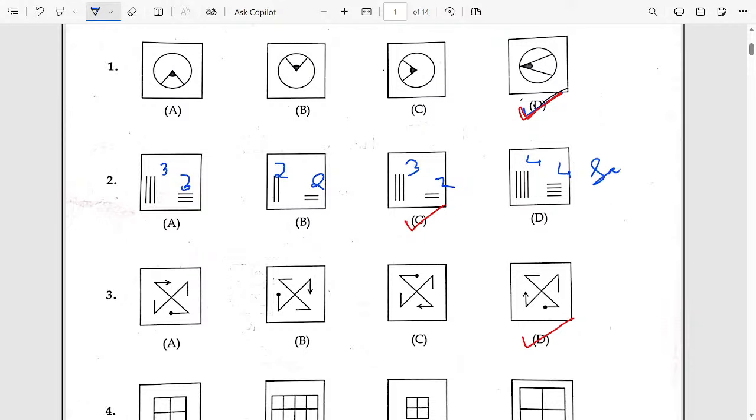But in option C, it is different, three and two lines. That is why the answer for the second one is option C.